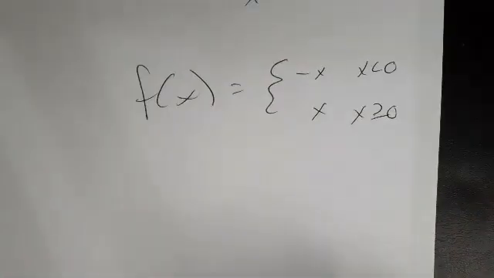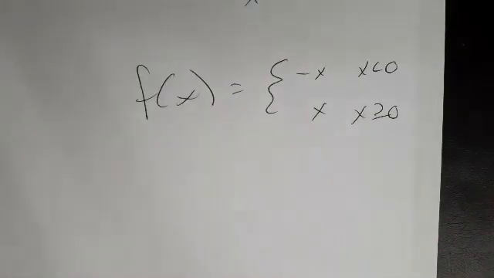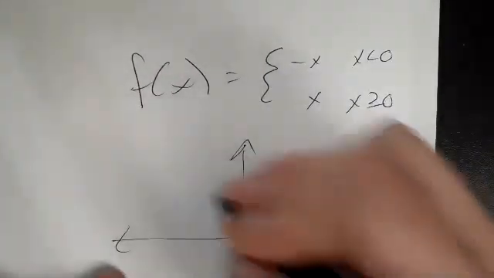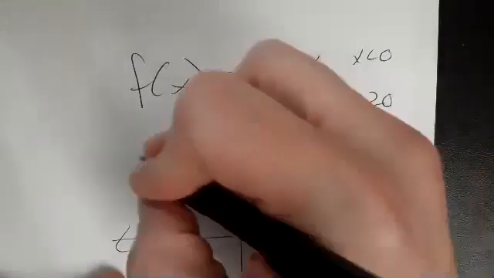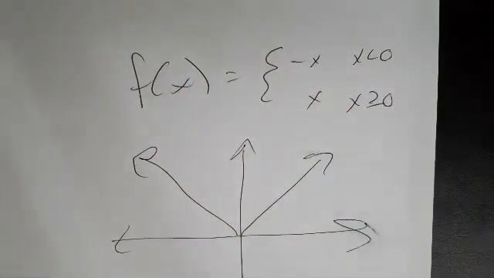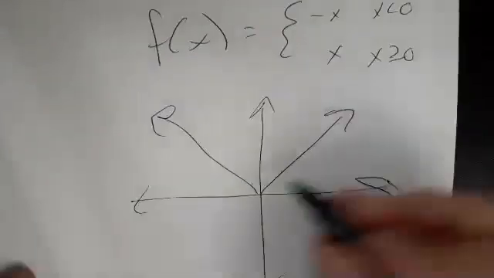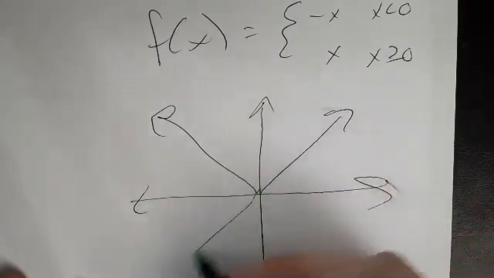I'm just going to keep it the same. So one way we can actually talk about absolute value, which should hopefully make a little bit of sense, right? f of x equals x, y equals x line.